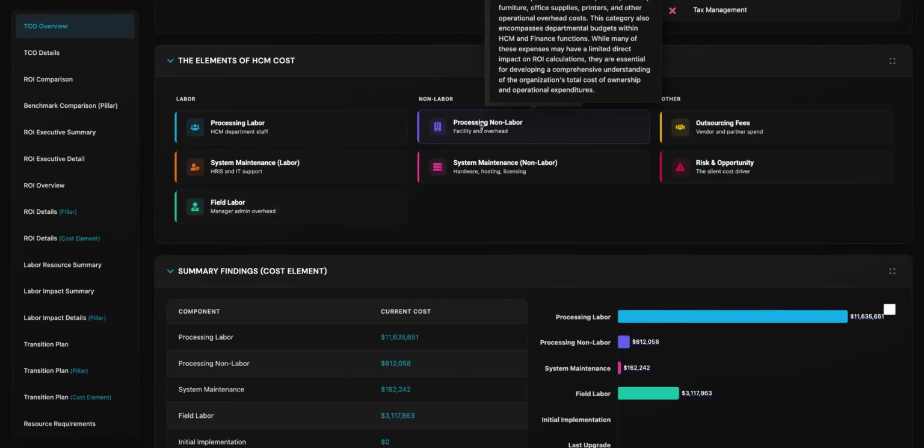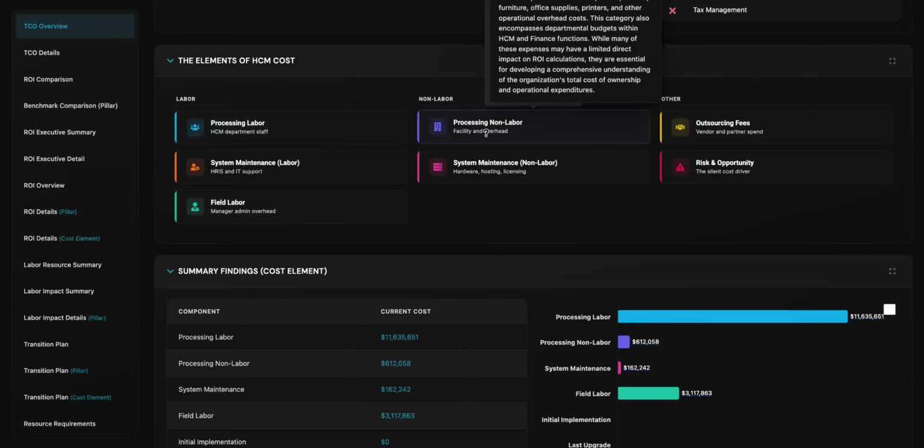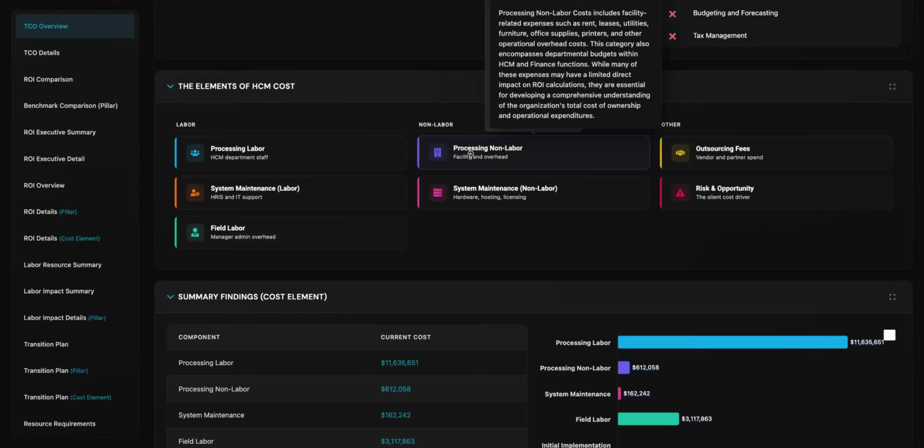Next, we'll move to the non-labor items. There's a processing non-labor. Keep in mind over here, we collected the labor cost for HR, but we don't have any of the departmental budget costs that might include things like facilities and rents and lease and furniture and office supplies and operational overhead that is required to have these people work in brick and mortar buildings and stay within our infrastructure.